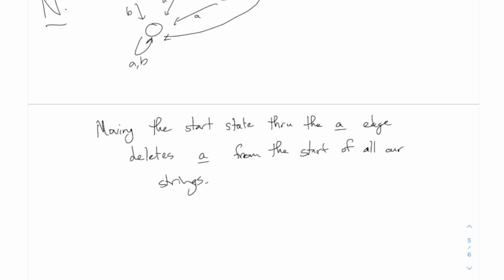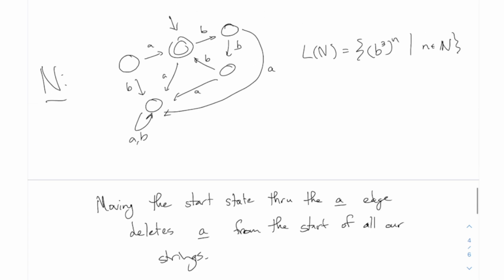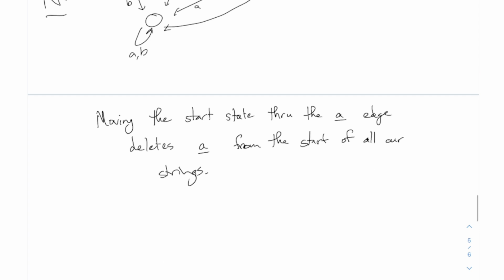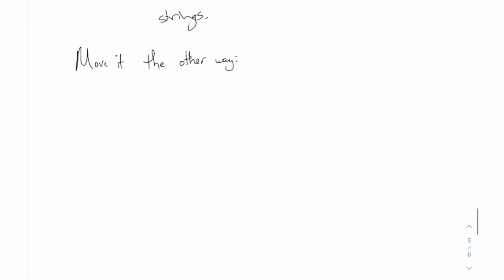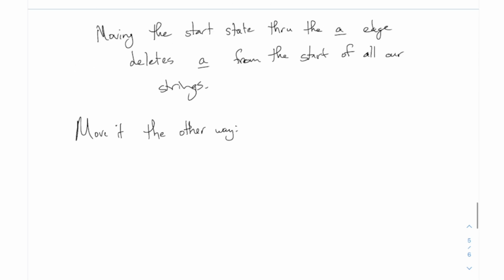What if we moved it down the edge through the B? Then what would our language be? So I will say, move it the other way. What happens then?